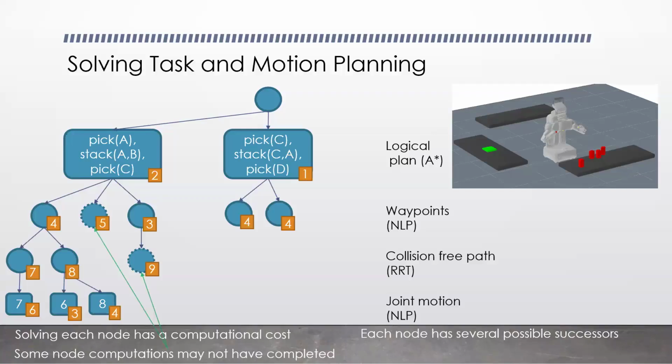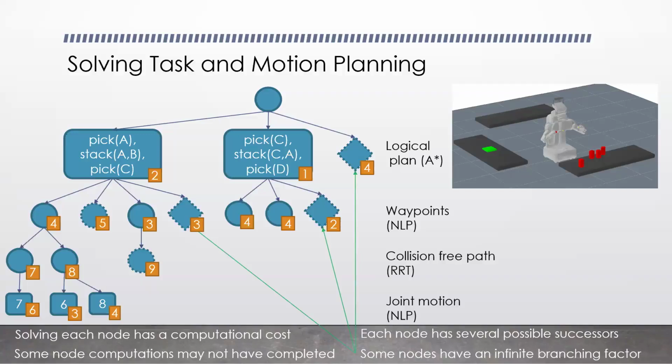And finally, some of these nodes have an infinite branching factor. How many solutions are there to this nonlinear programming optimization problem? Maybe there's an infinite number of them. So this is much more difficult than the typical search tree you may have seen in Introduction to AI, because you've got an infinite branching factor and computations to interrupt.